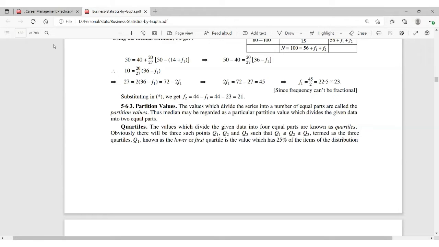Quartile is when we divide data into 4 parts, that is, quarters. Similarly, for deciles, we divide data into 10 equal parts. For percentiles, we divide into 100 equal parts.